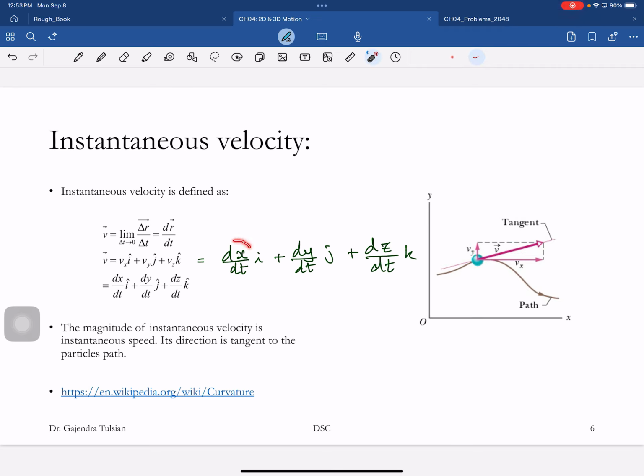So this is the x component of the velocity, this is the y component, this is the z component. The magnitude of the instantaneous velocity is your instantaneous speed.